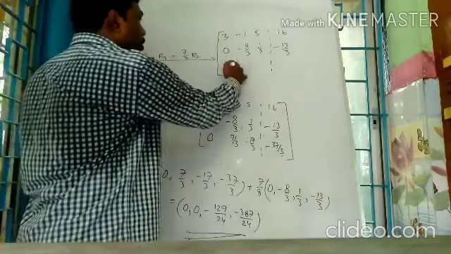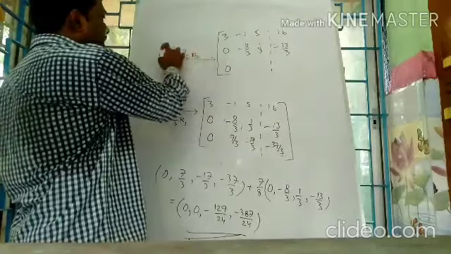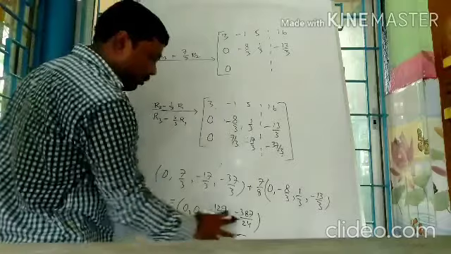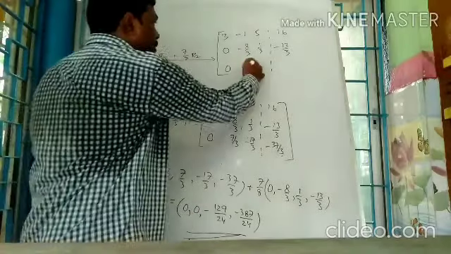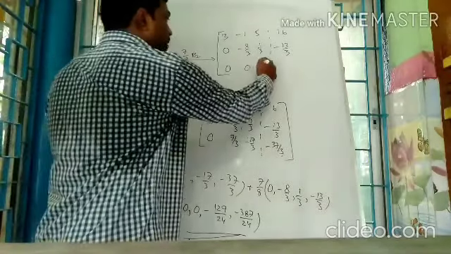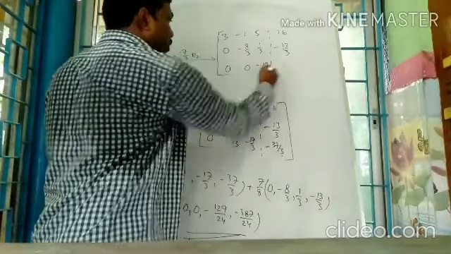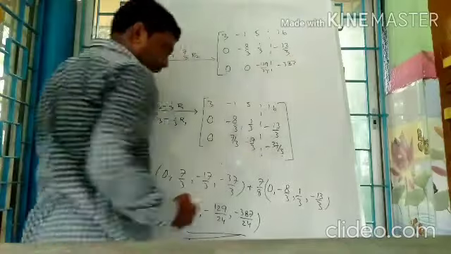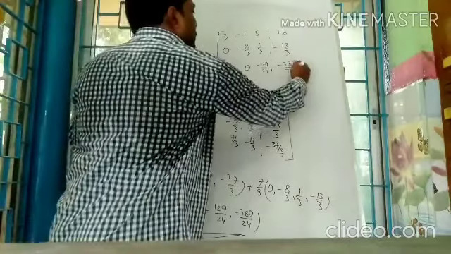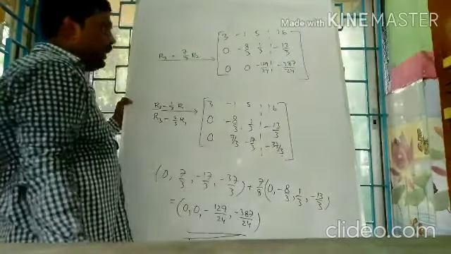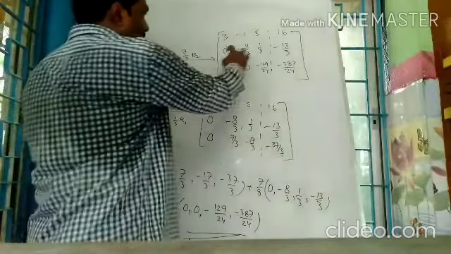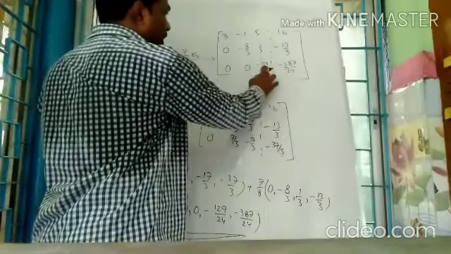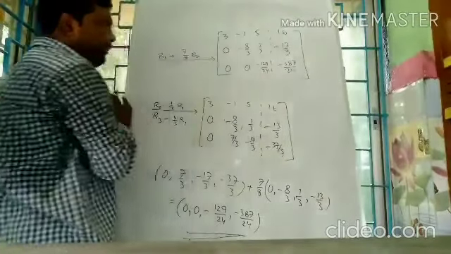By this row operation, R3 plus 7 by 8 R2, the reduced R3 is 0, 0, minus 129 by 24, minus 387 by 24. So 3, minus 1, 5, 16; 0, minus 8 by 3, 1 by 3, minus 13 by 3; 0, 0, minus 129 by 24, minus 387 by 24.